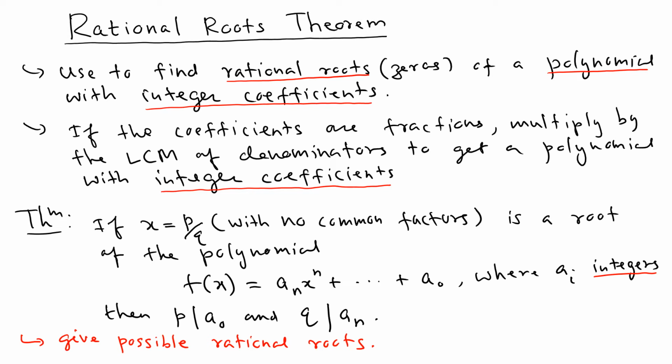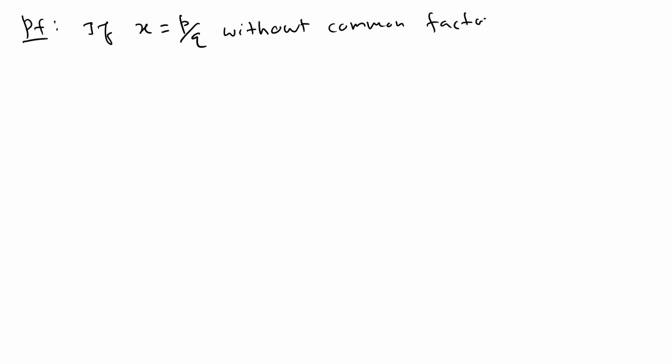Since this is an interesting result, let's look at how we prove the result. So the proof, this is how it works. Let's say x equals p over q, again with no common factors, so it's very important.